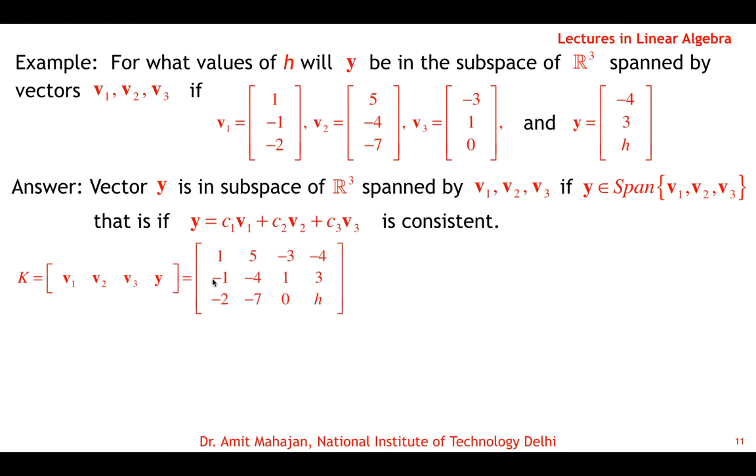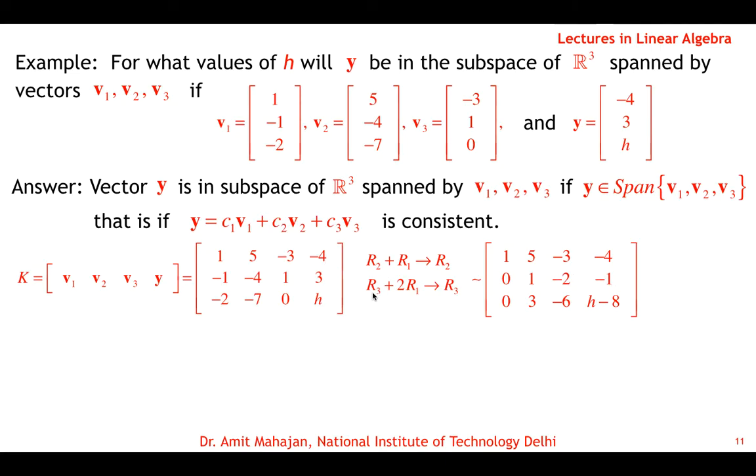So we can apply row 2 plus row 1 impact on second row, and row 3 plus 2 times row 1 impact on third row. Okay, so these two operations, no change in row 1, so row 1 remains same. Second and third row will change, with row 2 plus row 1 impact on row 2. So minus 1 plus 1 is 0, minus 4 plus 5 is 1, 1 minus 3 is minus 2, and 3 minus 4 is minus 1.